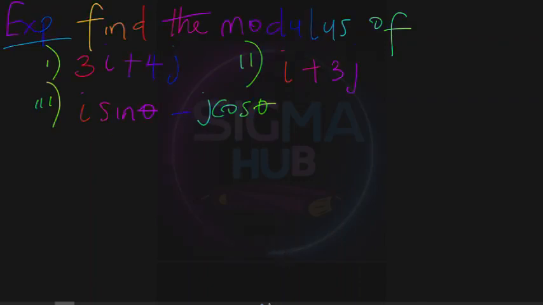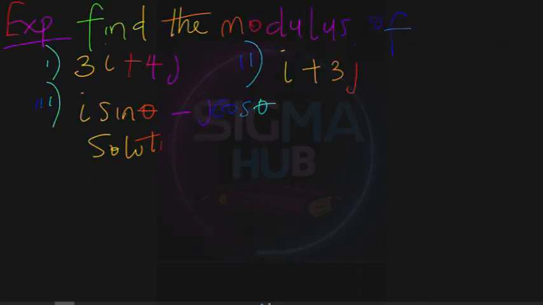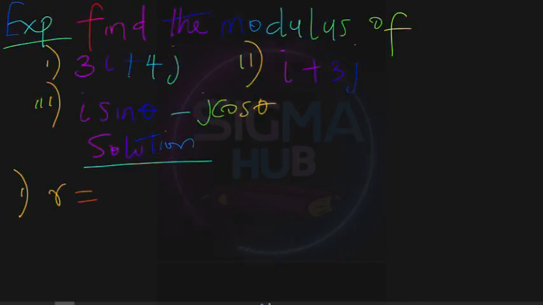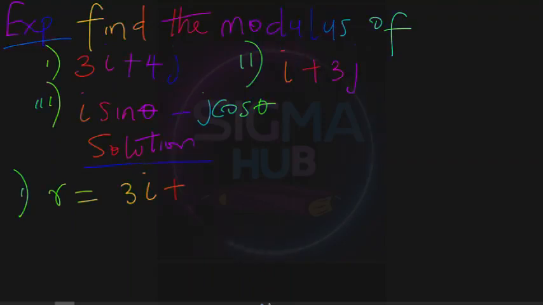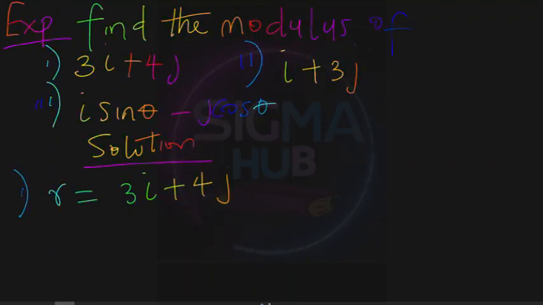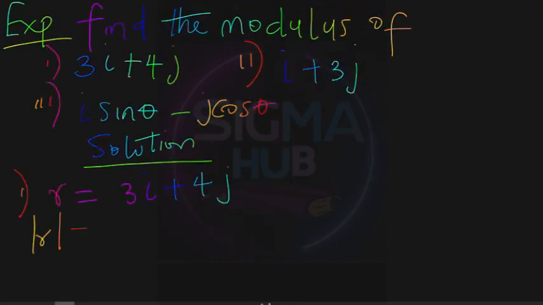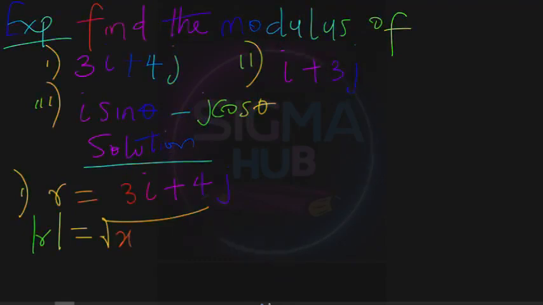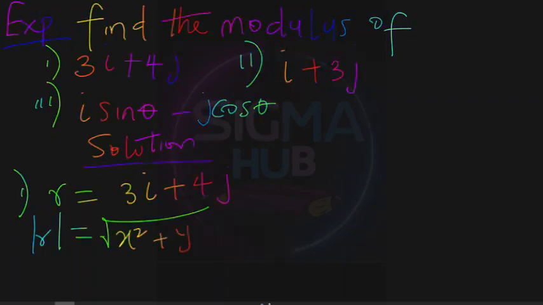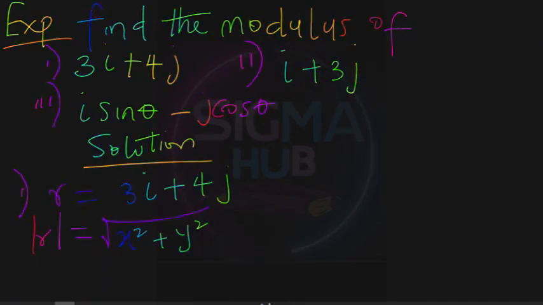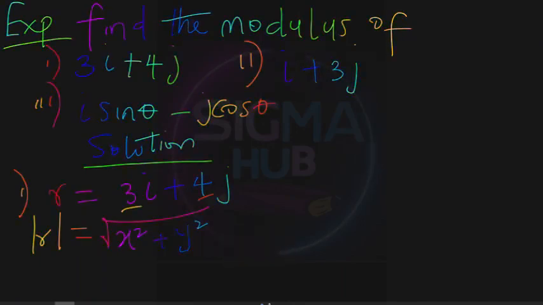Now, how do we go about this solution? The first one, given that R is 3i plus 4j. The modulus of R is the square root of x squared plus y squared. This is just a two-component vector. In this case, our x is 3 and our y is 4.